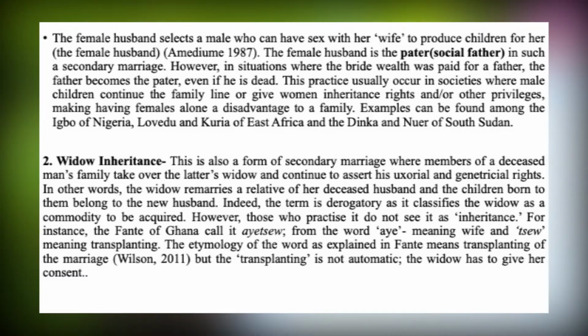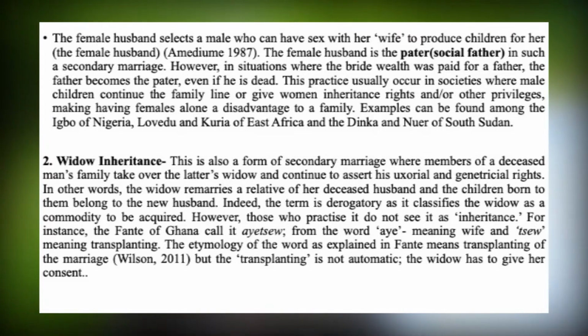So it's a type of marriage where the wife of a deceased man is allowed to marry another person from the family of her deceased husband. And the other person she marries continues to perform the role of a husband for her.